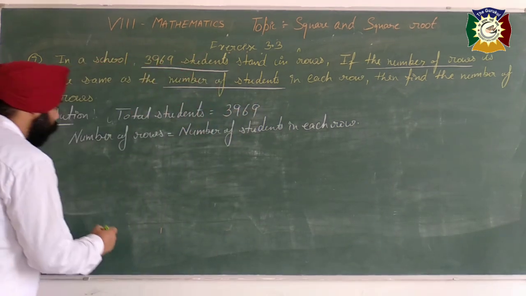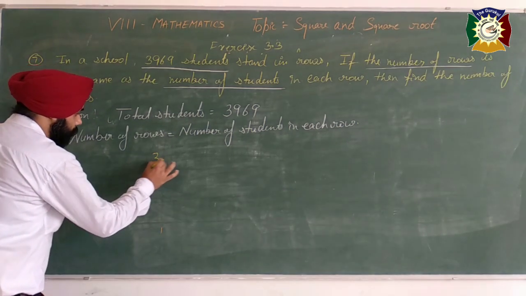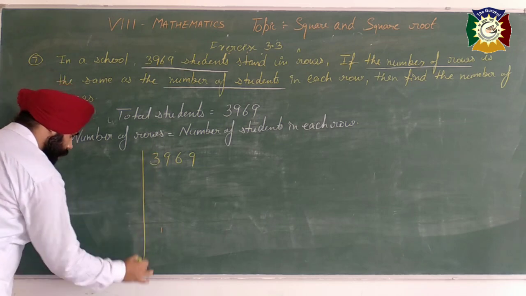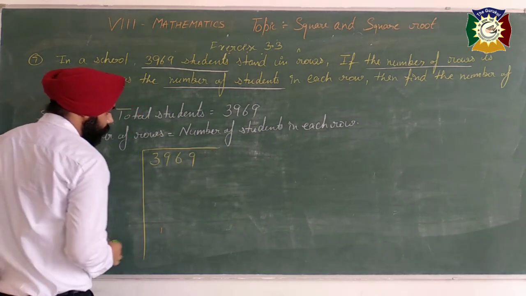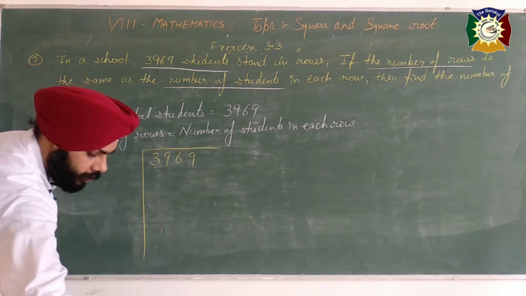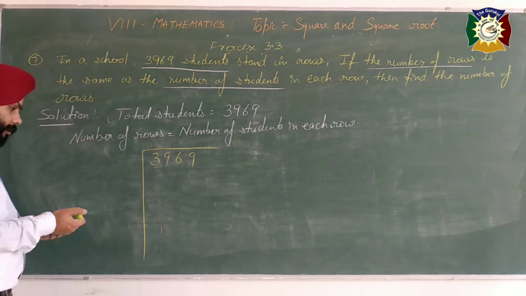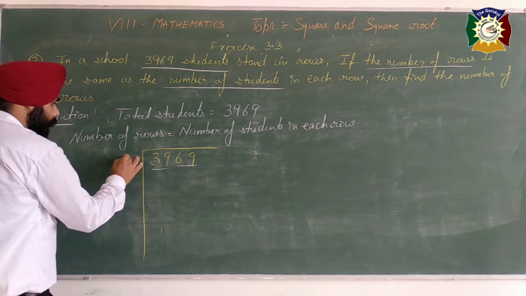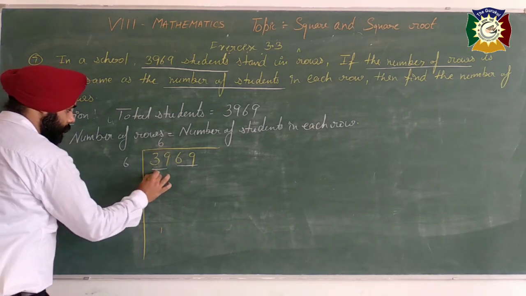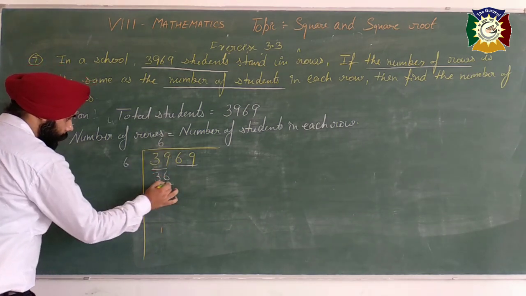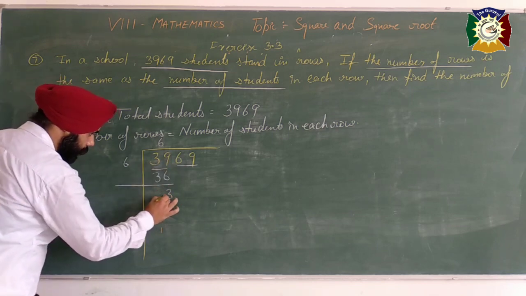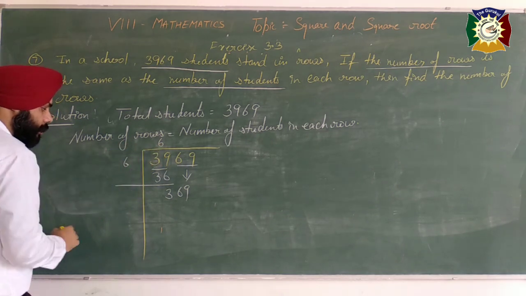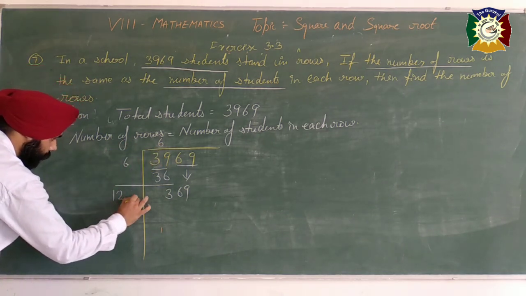So finding the square root of this number, write down this number 3,969 under the division and start to make pairs. 1 pair, 2 pair, and the first pair 6 6 are 36, 39 minus 36 is 3, carry down this pair. Add that 6 plus 6, 12, unit is blank.